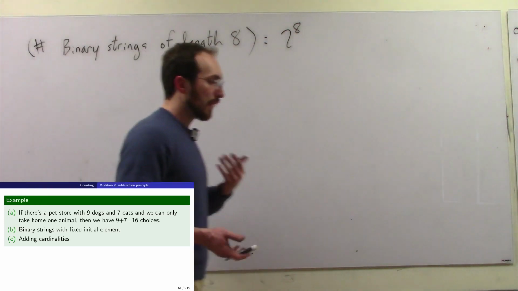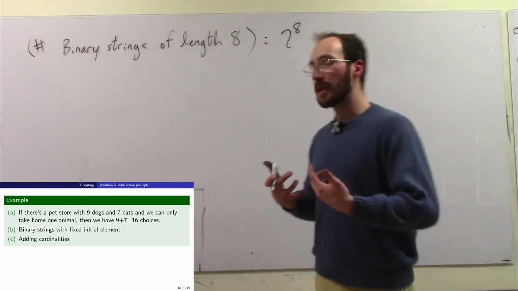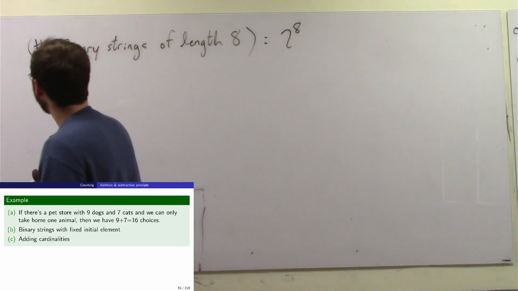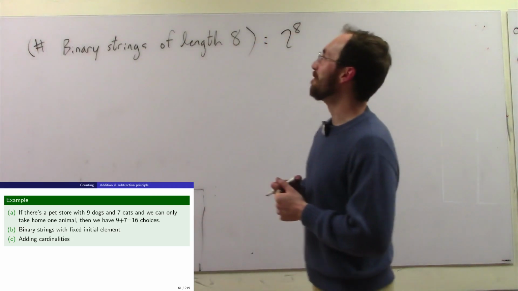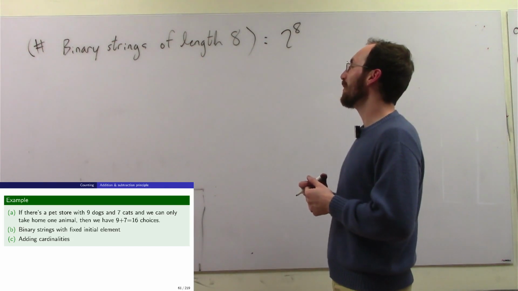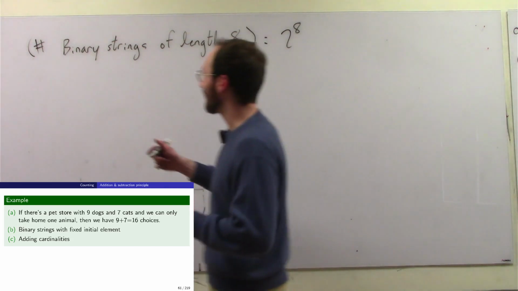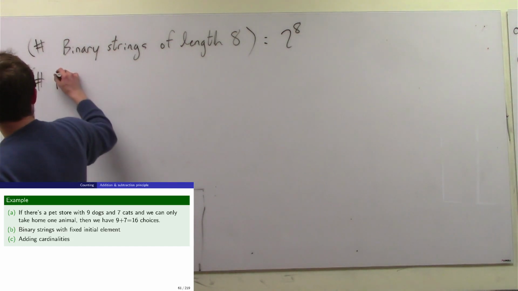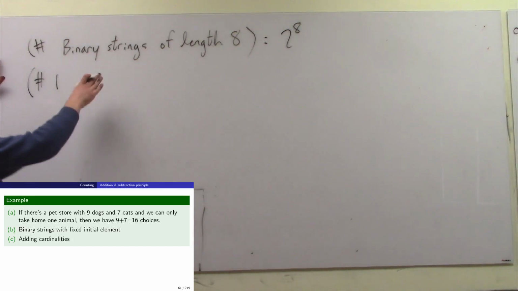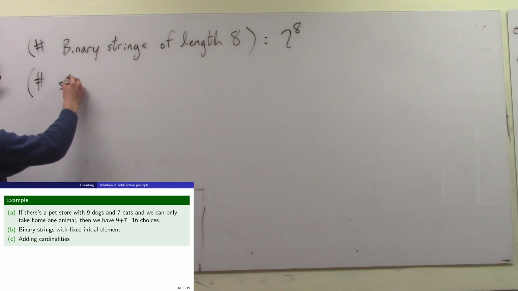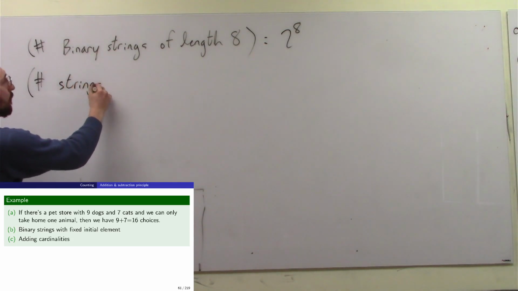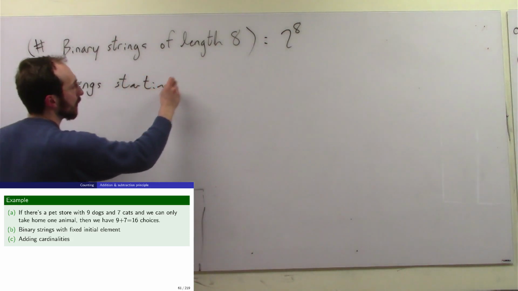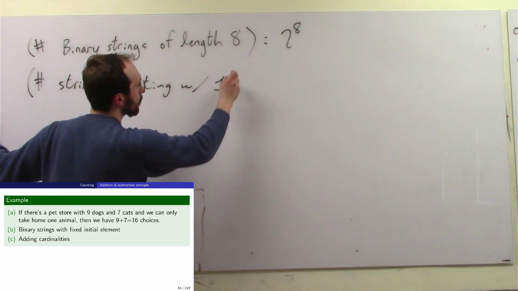Now, what if we wanted to try and calculate this some other way? Maybe with 2 sets that do not intersect at all. Maybe that's a bad word to use here. 2 sets that don't share anything among them. So let's look at these strings starting with 1.